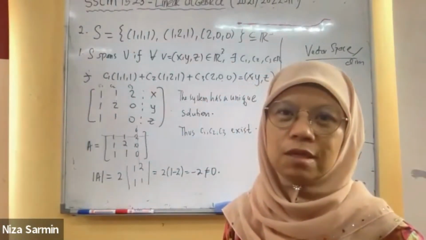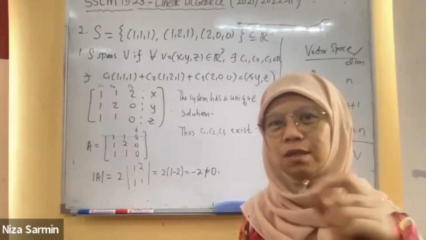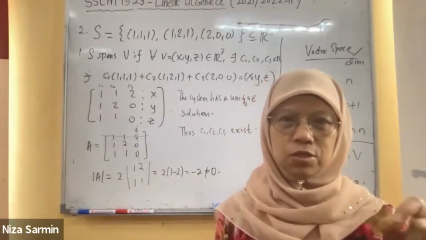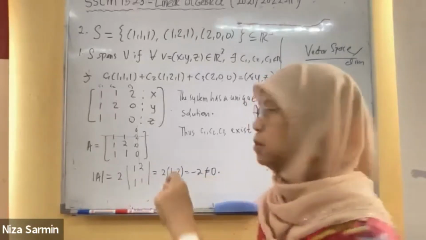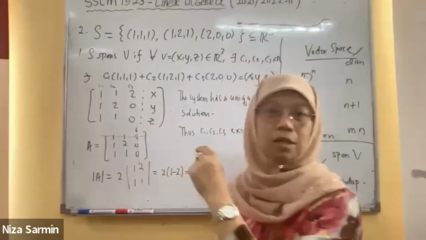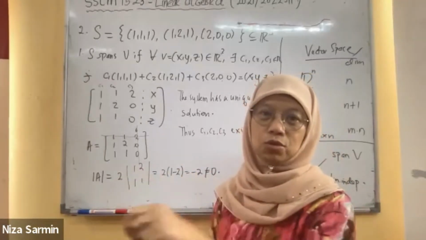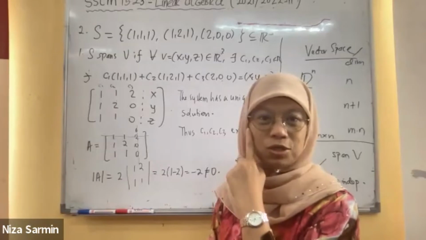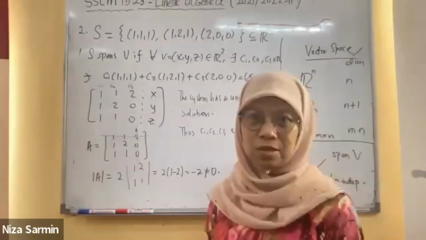Read the question. In that case, you need to write C1 in terms of X, Y, Z, C2 in terms of X, Y, Z, C3 in terms of X, Y, Z, meaning you have to solve this equation using row reduced echelon method, Gauss-Jordan. Yeah, but this one just needs to know whether it is a basis or not, whether it spans or not.